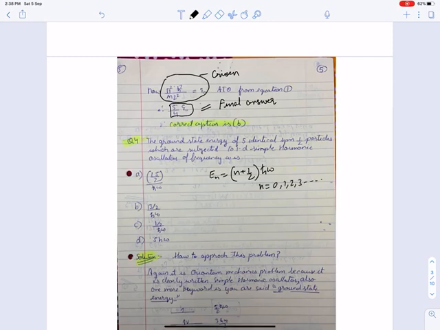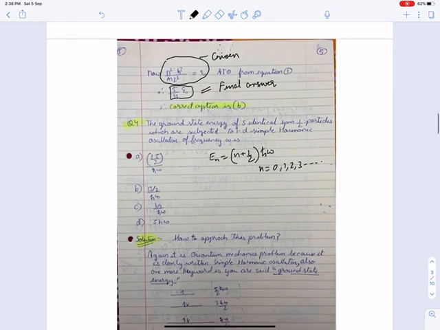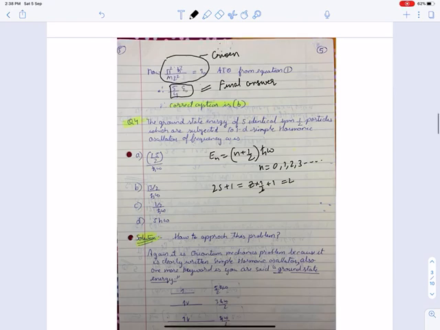This is the basic to solve this. Now there are 5 identical spin half particles. Since they are spin half, filling will be done by 2s plus 1, that is 2 into half plus 1, so only 2 particles can be accommodated.